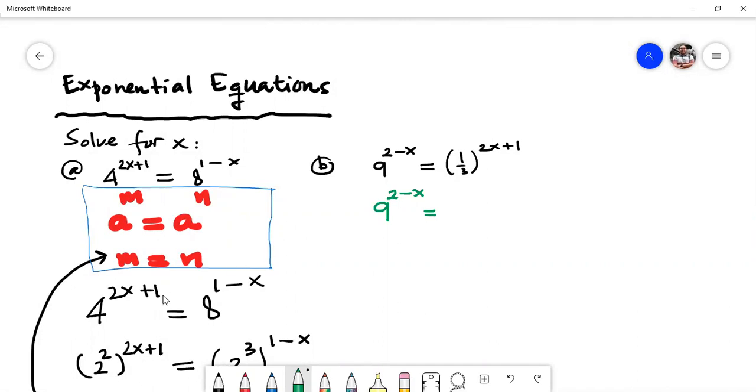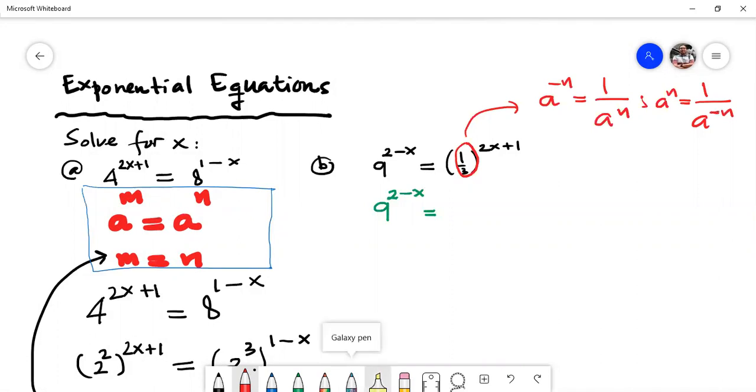So remember, we have the rules for the negative exponent: a to the power negative n equals 1 over a to the power of n. And vice versa, a to the power of n equals 1 over a to the power negative n. Okay, so hopefully you still remember this. This is the basic principle we need to know in dealing with negative exponents.